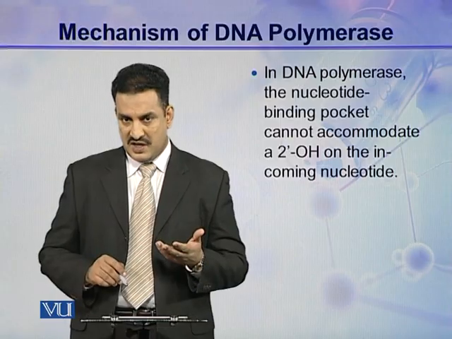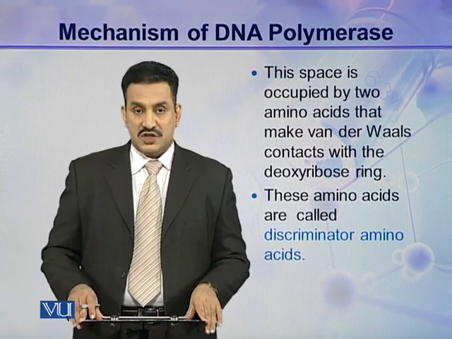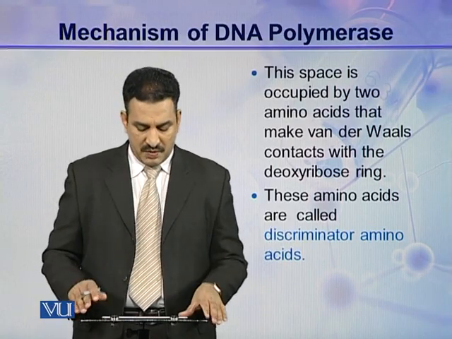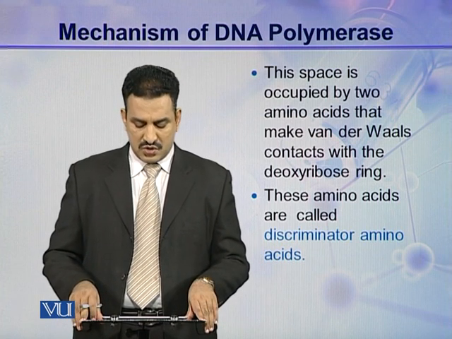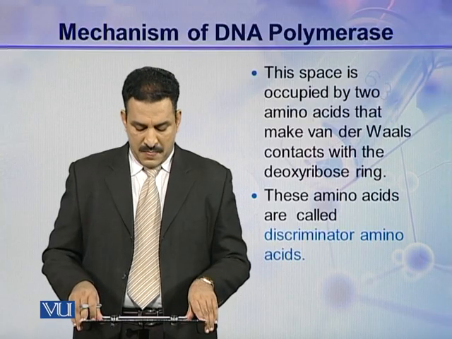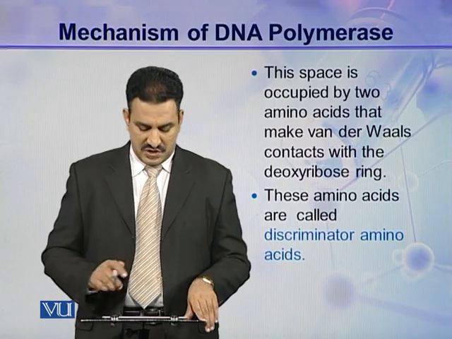There is one less oxygen at 2'. This space is occupied in this pocket by 2 amino acids that make van der Waals contacts with the deoxyribose ring. These amino acids are called discriminator amino acids.